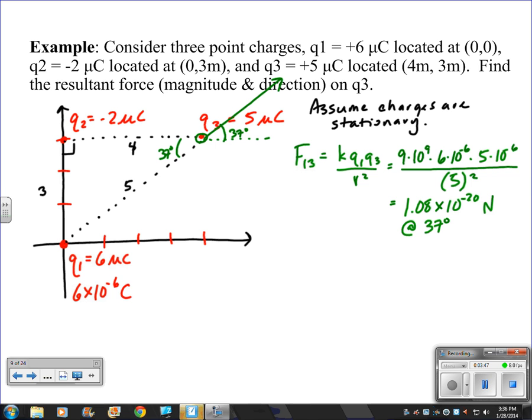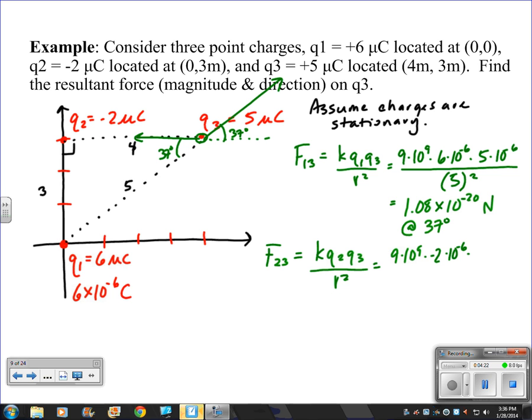Next, I'm going to focus on the force between Q2 and Q3. Now, Q3 is attracted to Q2 because they have opposite signs, and I can see that the angle here is 180 degrees, and I need to use Coulomb's law again to compute the force between charge 2 and charge 3. So I'll use Coulomb's law. Again, K, 9 times 10 to the 9th. Q2 is negative 2 times 10 to the negative 6th.